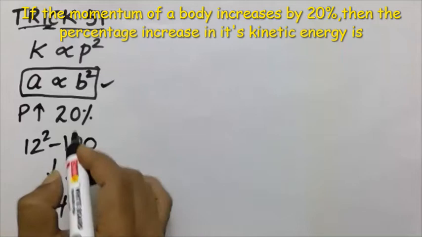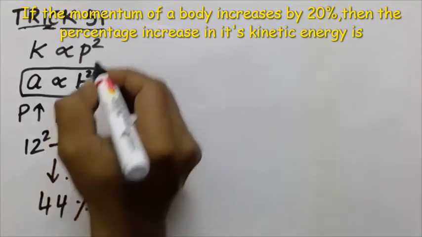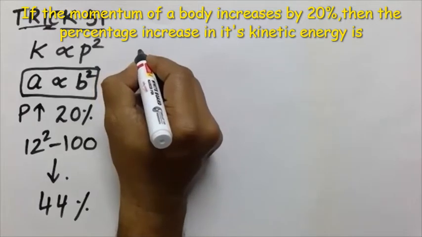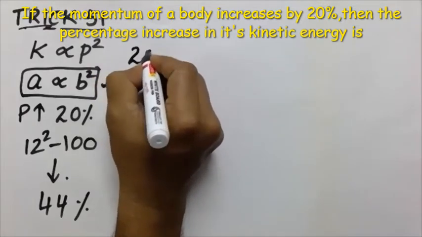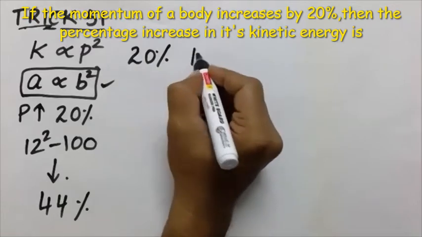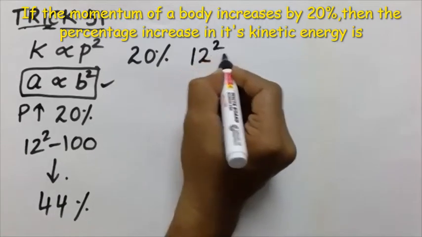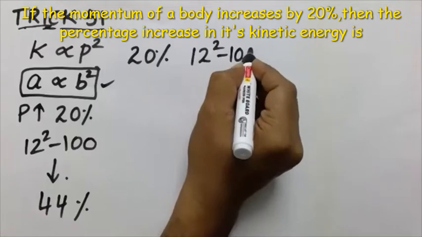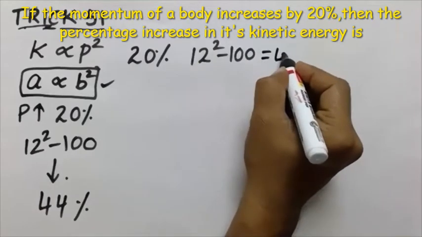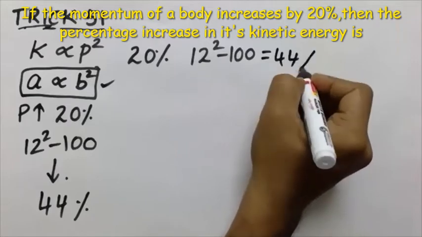Okay, let us extend this. Let me write again. If momentum increases by 20%, what did we do? 12 square minus 100. How much did we get? 44. That is your answer.